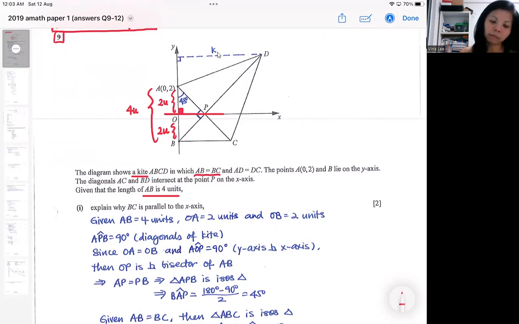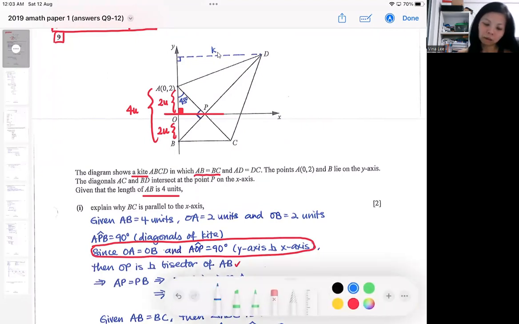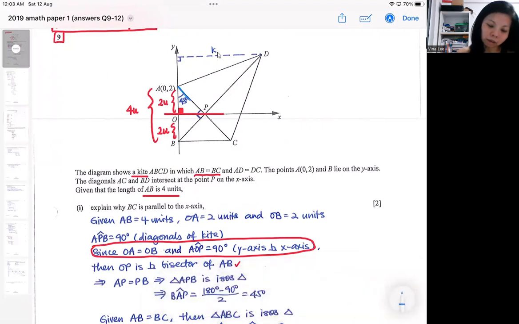The 90 degree comes from the x-axis and the y-axis. The x-axis and the y-axis will always be perpendicular. So because of these two properties, I conclude that it is a perpendicular bisector. The purpose of the perpendicular bisector is to understand that this is an isosceles triangle.